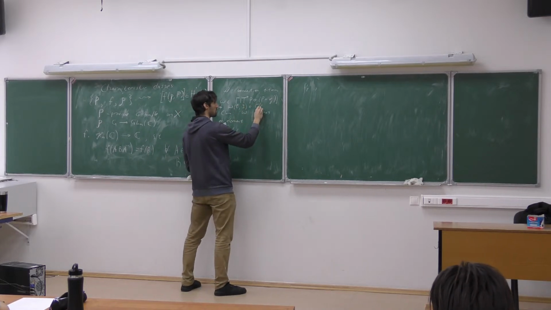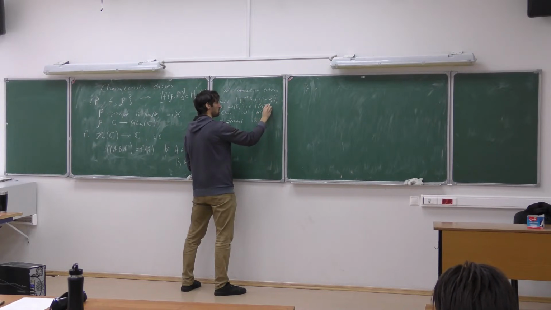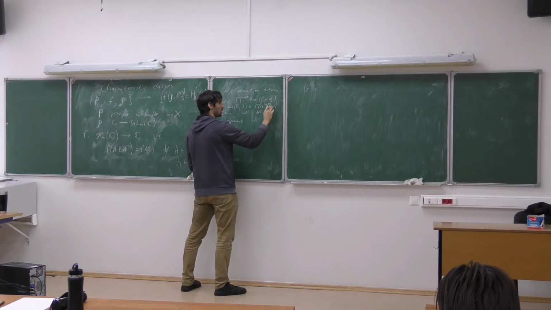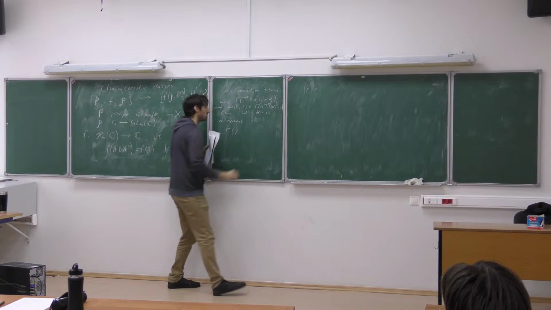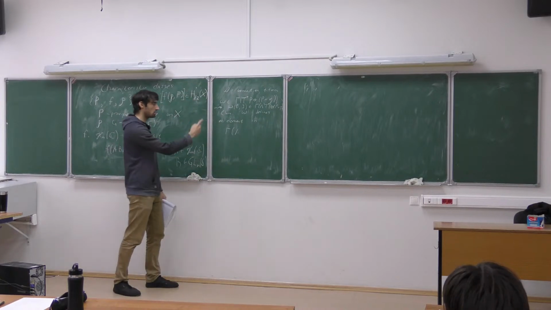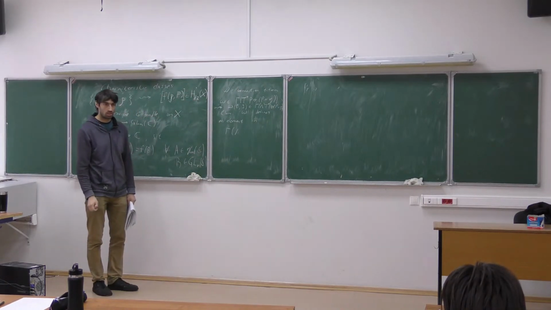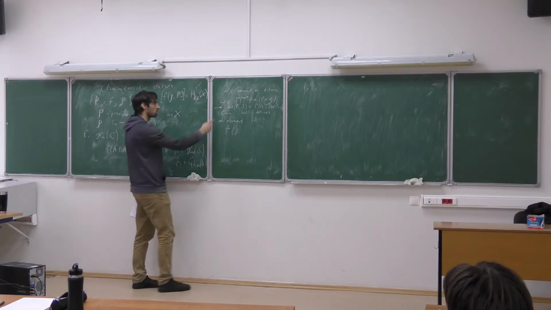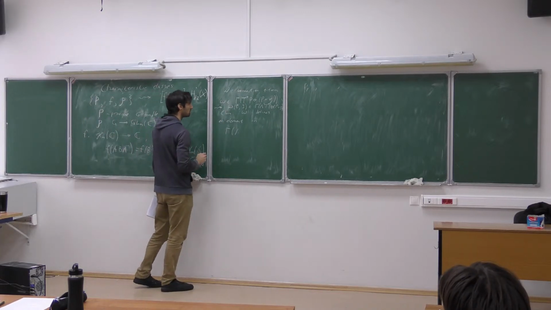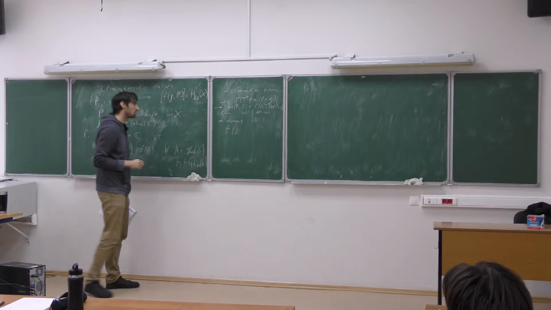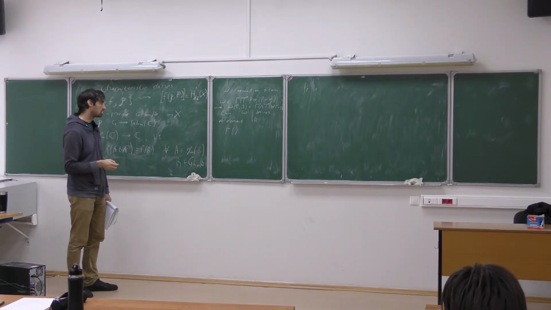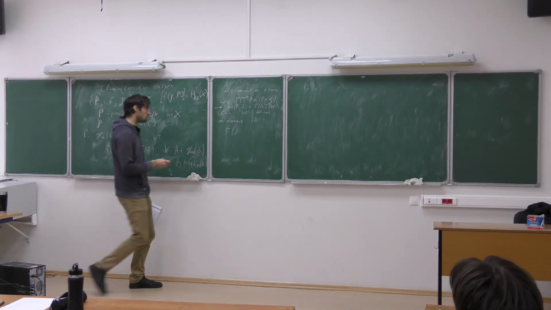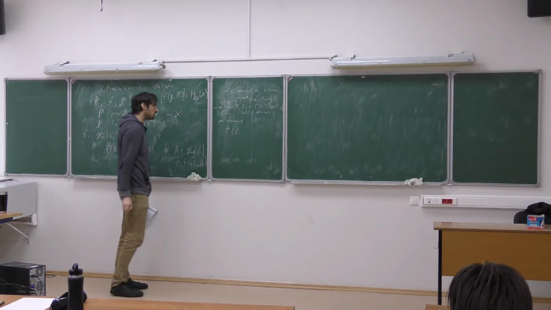This will give me something like Lambda 2 of T star P tensor the Lie algebra G. So this is the curvature two form. Well, maybe I need to put a minus in here, but that will not really matter for us at this point.